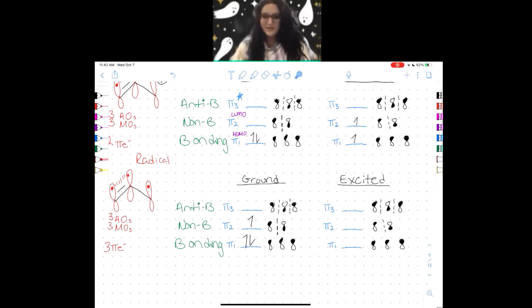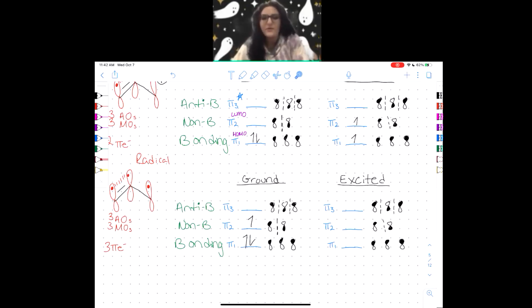I want you guys to realize p orbitals are not just double bonds. A p orbital includes double bonds, cations, anions, and radicals. So I totally see where you were coming from. But in this case, we're going to count all the electrons that are in radicals, double bonds, and anions.